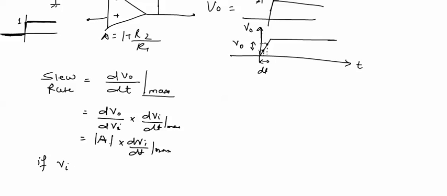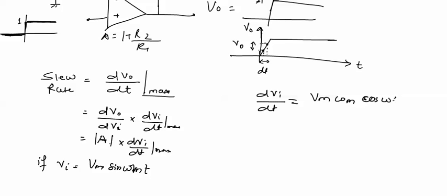If vi equal to vm sin omega t, if it is a sinusoidal voltage, then after differentiating this we get dvi by dt equal to vm into omega m into cos of omega m into t. And for the cos signal its maximum value is 1, so dvi by dt maximum is vm into omega m.